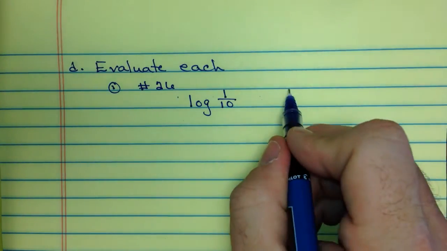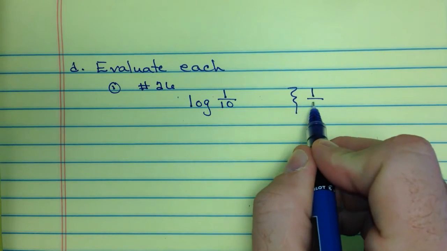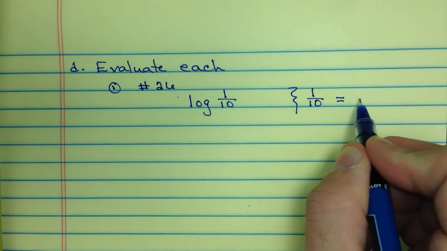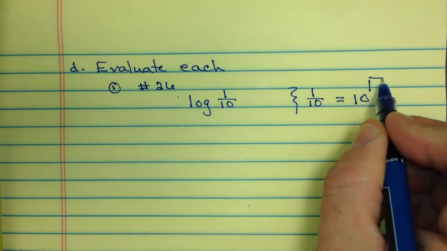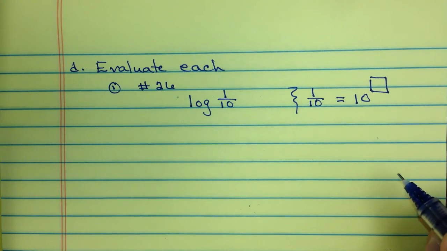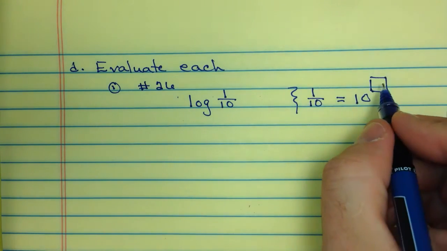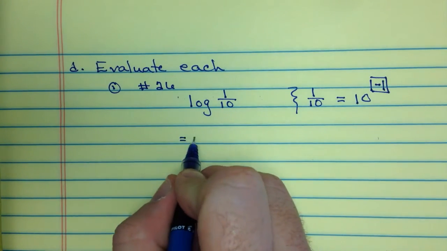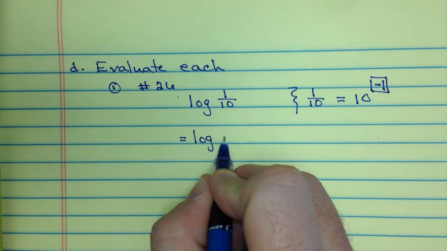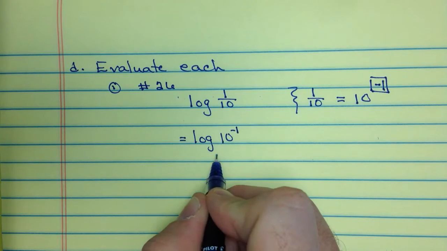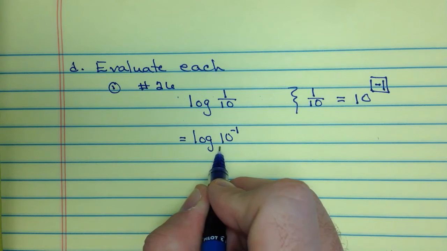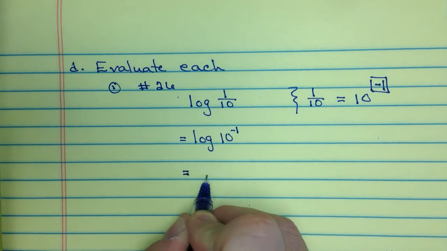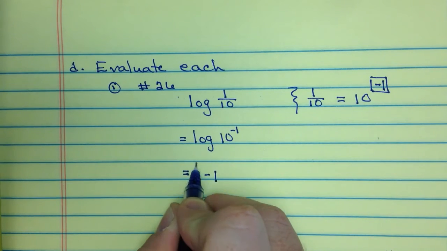What we need to do is write things in the form 10 to a power. So we need to think, 1 over 10 is equal to 10 to what power? Well, that's negative 1. So this is going to be log of 10 to the negative 1. What is the power I raised 10 by to get 10 raised to the negative 1? Well, that's simply negative 1. Easy as that.